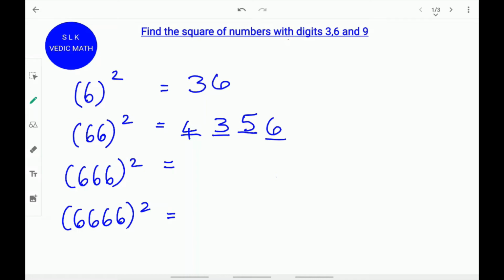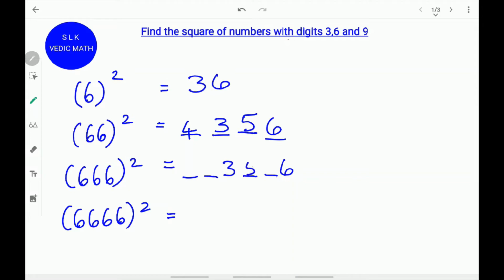Let's try another example. 666 square. Write 3 and 6 with a little space between. 2 digits on each side because there are 3 6's in 666, so we take 2. 1 less than 6 is 5.